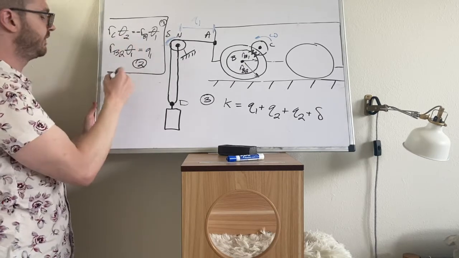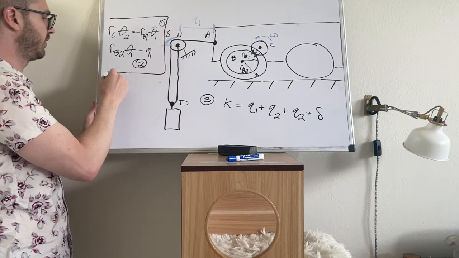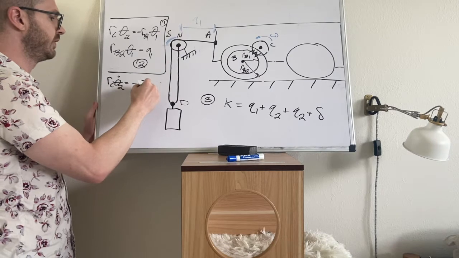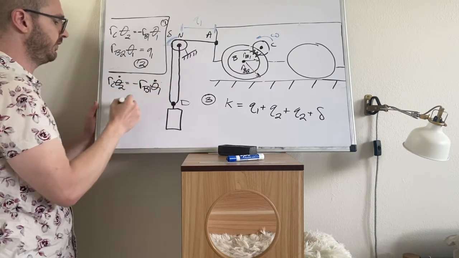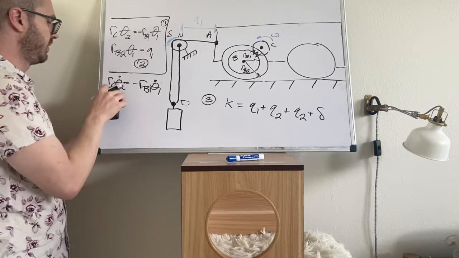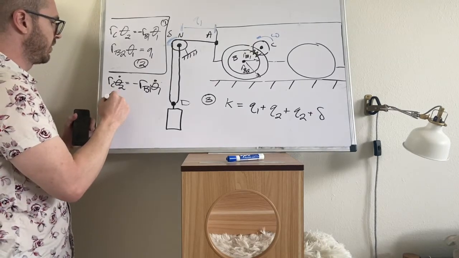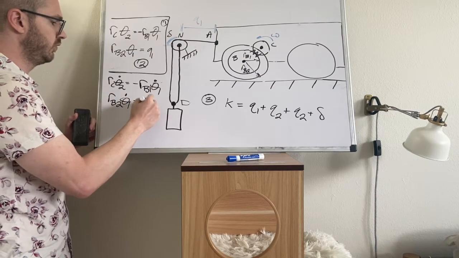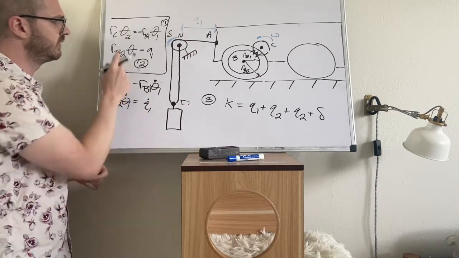So d/dt of equation number 1, RC theta 2 dot equals negative RB1 theta 1 dot, okay, and RB2 theta 1 dot equals Q1 dot. All right, quick comments on this. We didn't check a moment ago.